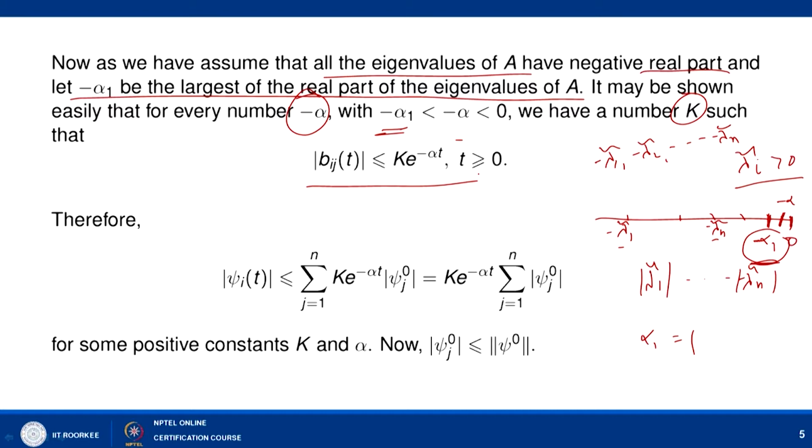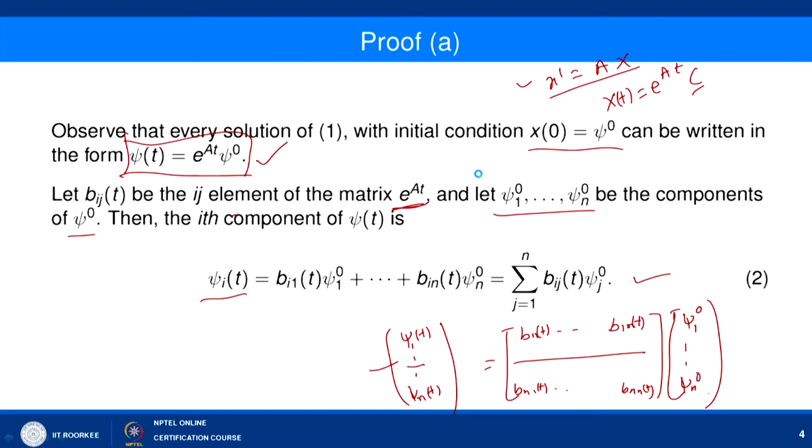Now, if you look at it, e to the power At is a matrix of this form. So, the first column is b11(t), b21(t) and so on up to bn1(t). It may happen that we have n eigenvectors, then this is nothing but some constant times e to the power lambda 1 t. But it may happen that we may not have n linearly independent eigenvectors.